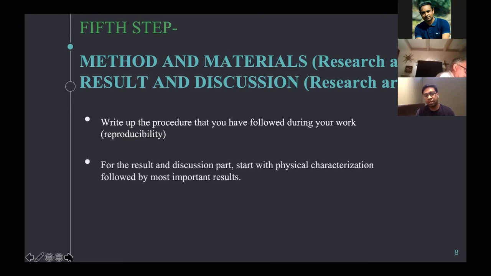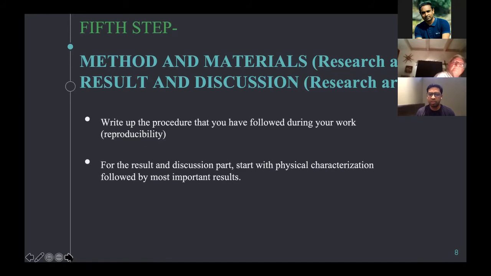Then after that, in the research result and discussion part, it is very important to start with some physical characterization. So in the case of material science, chemistry, even some physics, you will start with some physical characterization. Then after that, you will go through step by step, and at the end, you will have the most important result. So that will be your confirmation result, I can say.